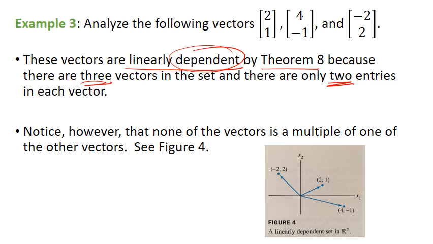Now, another thing we talked about is that a set of vectors is linearly dependent if one is a multiple of another. Now, if we look at this, each of these 3 vectors are graphed here. These are not multiples of one another. Since they're not multiples of one another, we can say that they are, once again, linearly dependent, not independent.